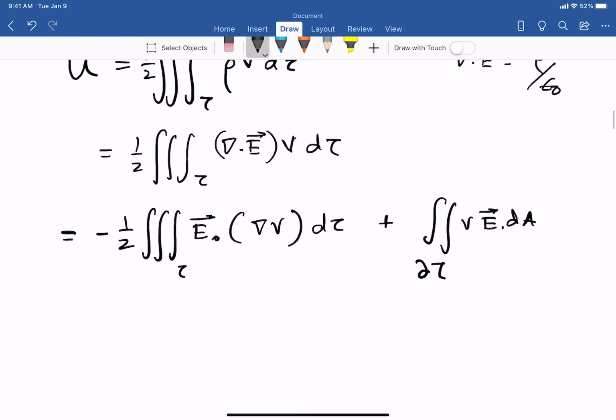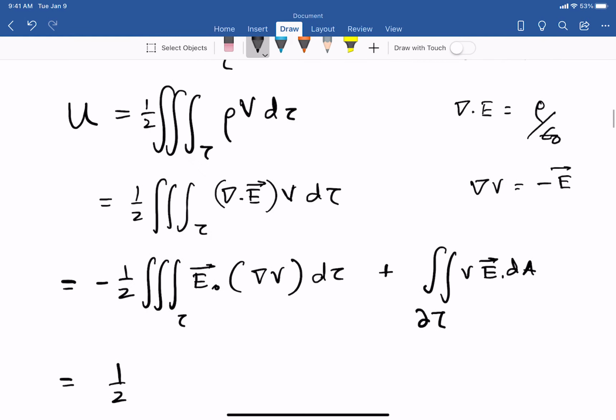All right, now we're almost done. We can use the fact that minus del V is equal to E. This is something that we had seen in class, that the electric field is the gradient of the potential. Actually, V is a scalar, so gradient of V is equal to minus E. Plug that in. Half, and did I forget an epsilon 0?